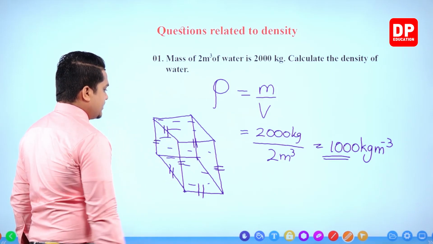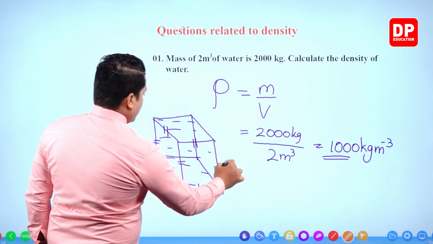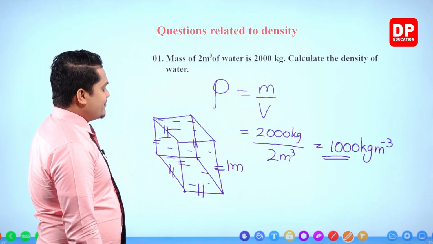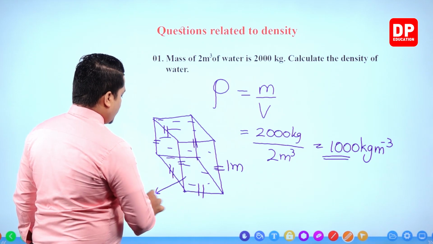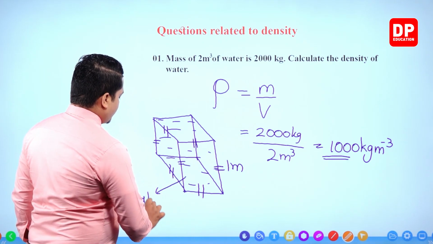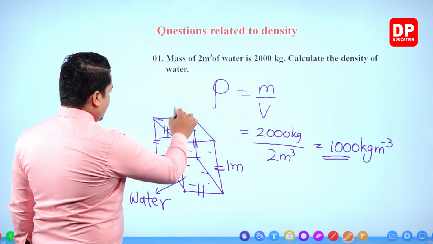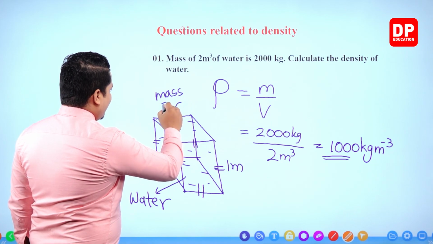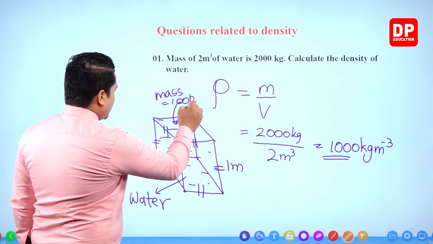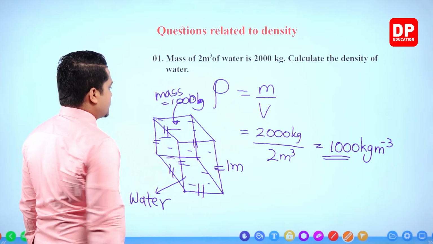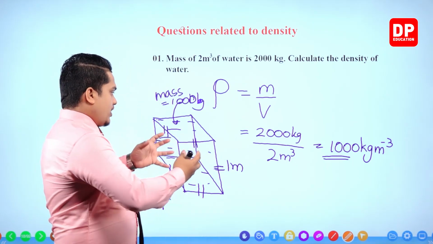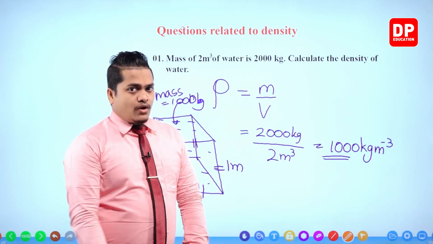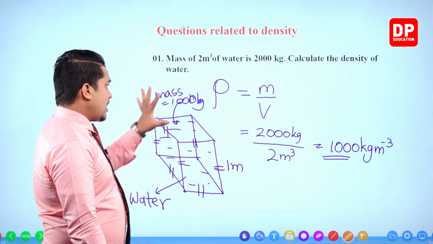If the length of one side is equal to 1 meter, that means if it contains water, then the mass of this water sample is exactly 1000 kilograms. If you pour this water into a container and measure the mass of it, the mass would be exactly 1000 kilograms.